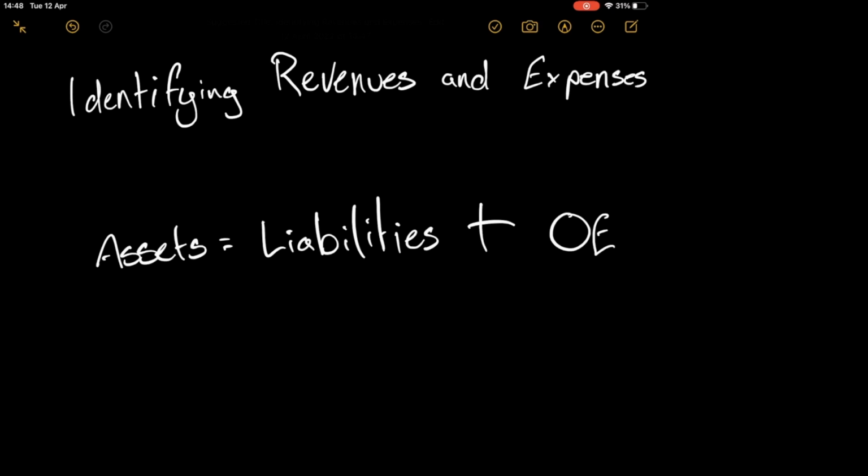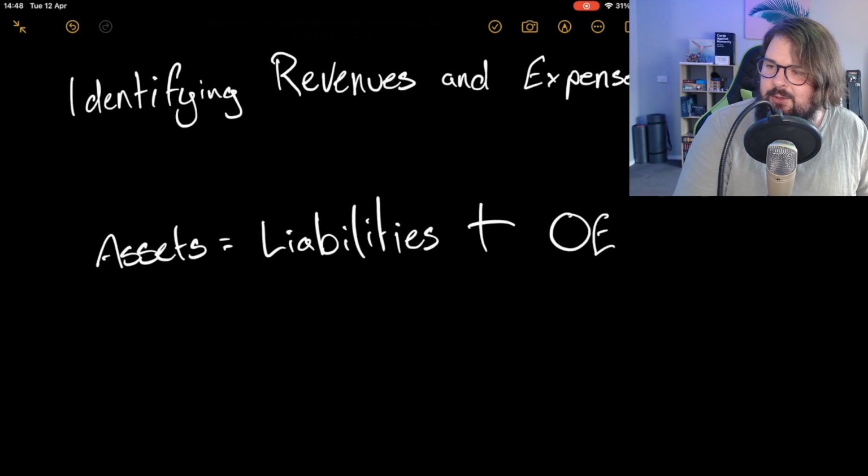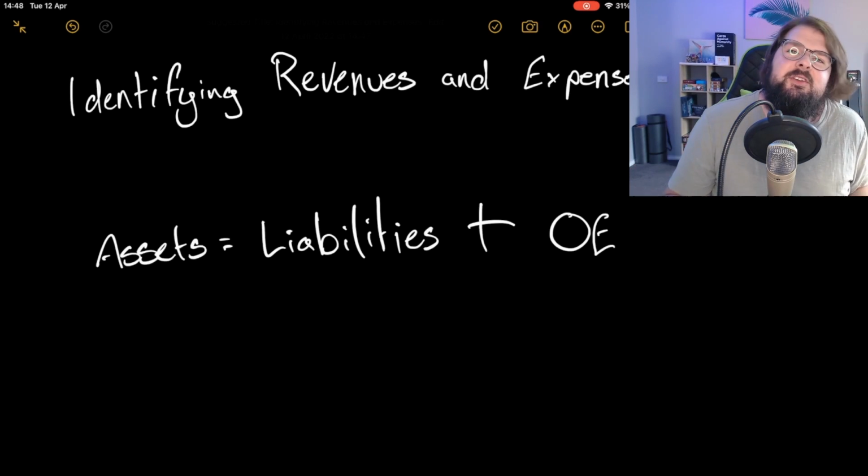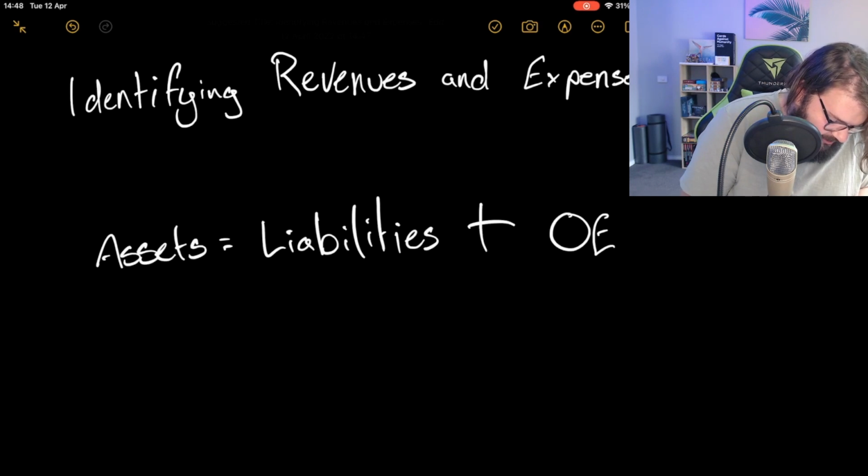So what we need to do is, every time we have a revenue or an expense, even just a transaction occur, we need to think about what's actually happening. So if I make a cash sale, well, I'm getting cash. Okay?